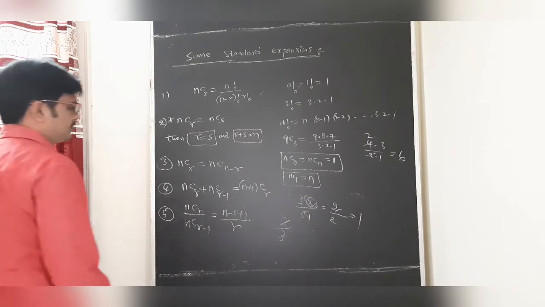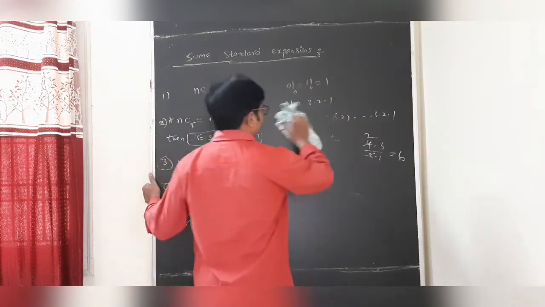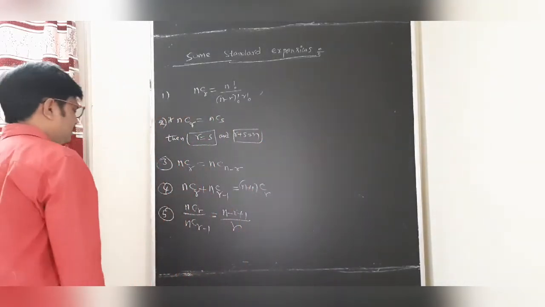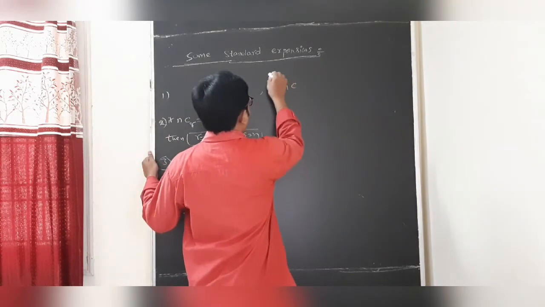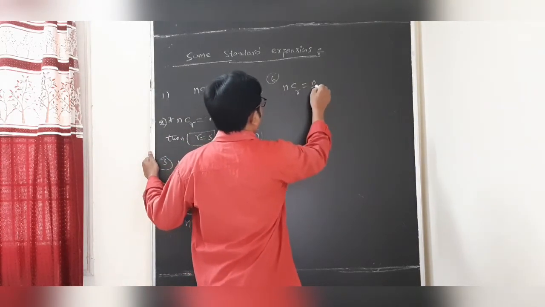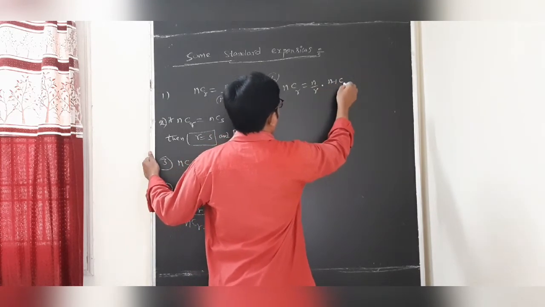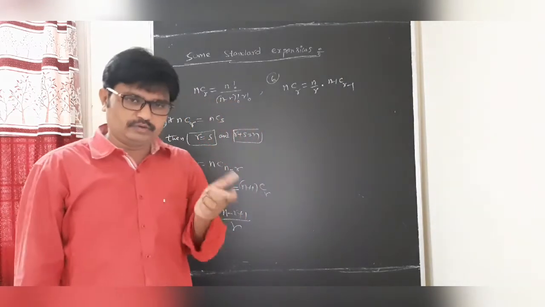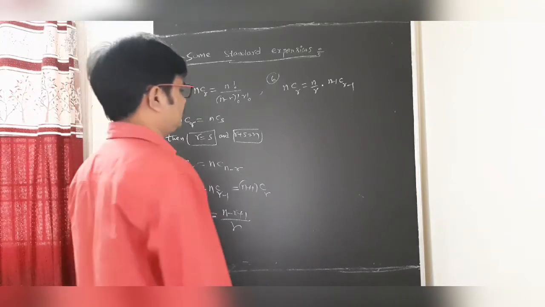Now the sixth property. My dear students, the sixth one is NCR. NCR can be written as n by r into n minus 1 CR minus 1.